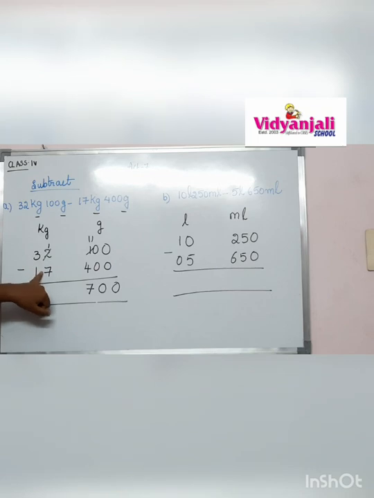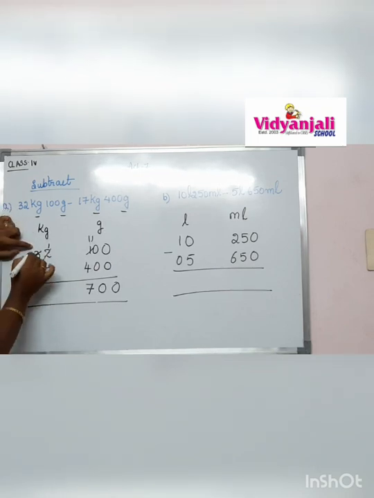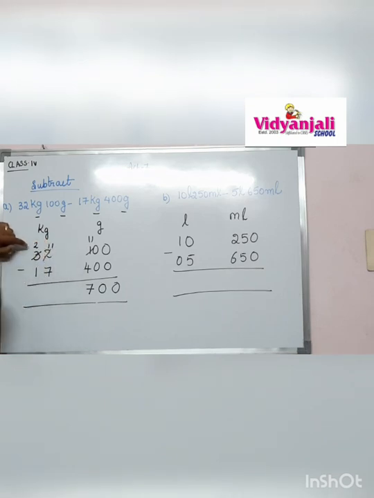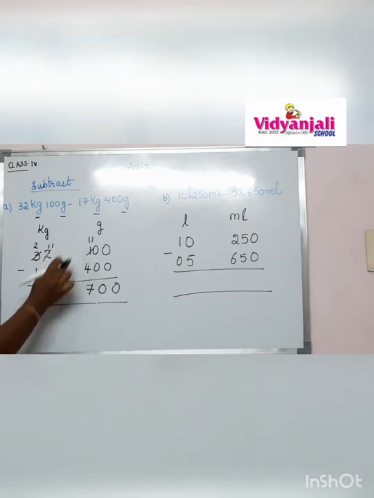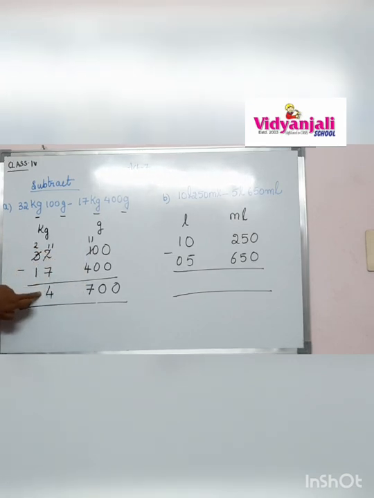Again 1 minus 7 is not possible. So what we will do? We will borrow from the before number. Therefore the 3 becomes 2 and this 1 becomes again 11. 11 minus 7 is 4. So if you observe, 11 minus 4 is 7 and 11 minus 7 is 4. Did you find any difference over here?